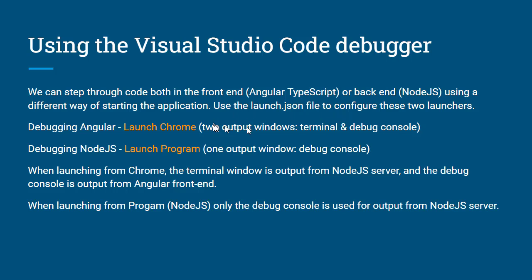So the output that's coming when we run in this mode using the launch Chrome, any output from the server is going to go to the terminal window. Any output from Angular itself, the front end code, is going to go to the debug console. And that's the same logs and information that you would get if you were debugging within Chrome.